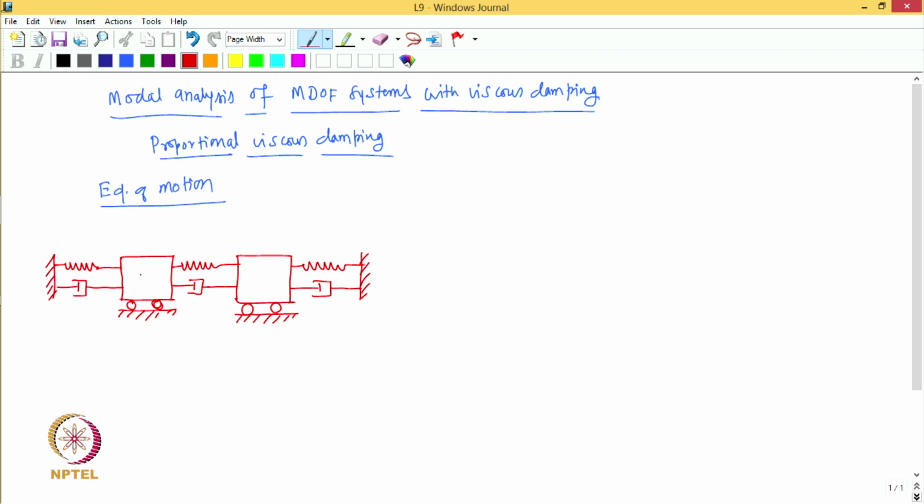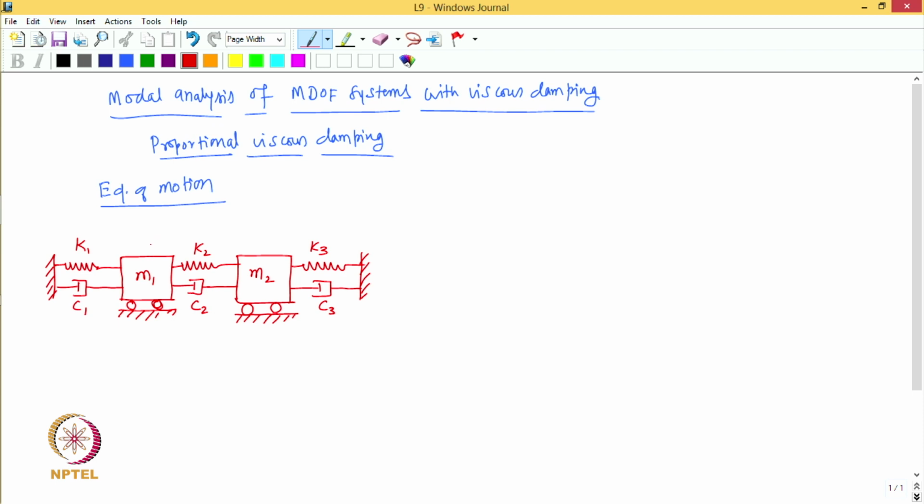Let us say this is mass m1, this is m2, stiffness k1, k2, k3, damping coefficients c1, c2, c3. These are viscous damping coefficients.